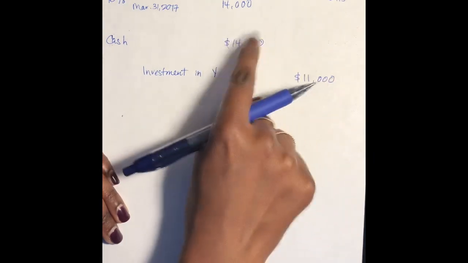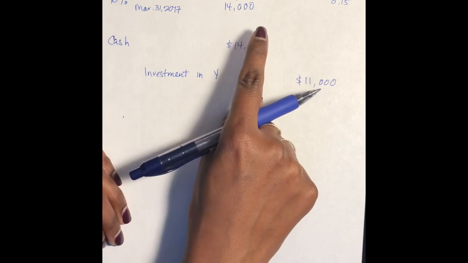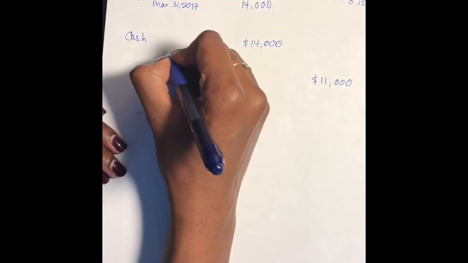The difference is your gain. Let me just double check this. It's 14,000, 11,000. Yes. So the difference is your gain, right?